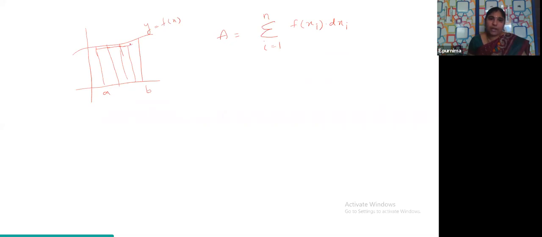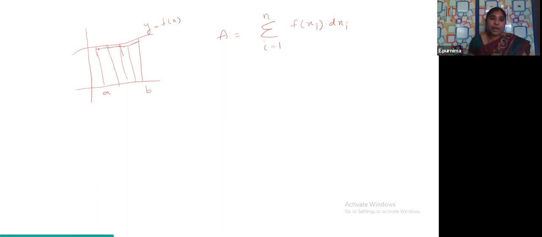Now see, as you have noted in the pictures, children, when I am taking the rectangles like this, a few parts are left over here, yes or not? If I get these rectangles' area by just adding up all the areas, what about the part which is left over? How can you find out the area of this one? For that, to get a more and more accurate value, what are you going to do?